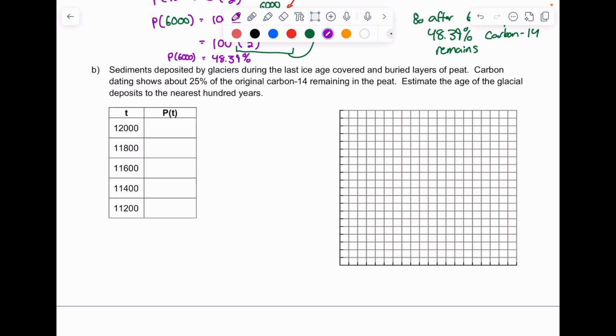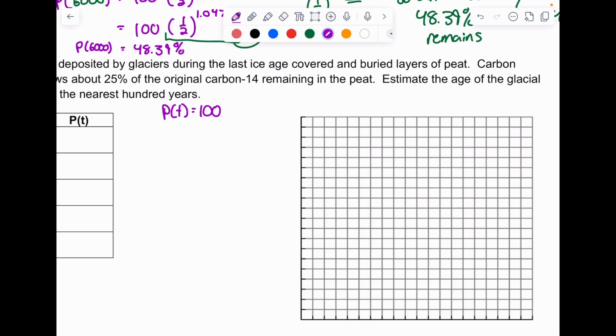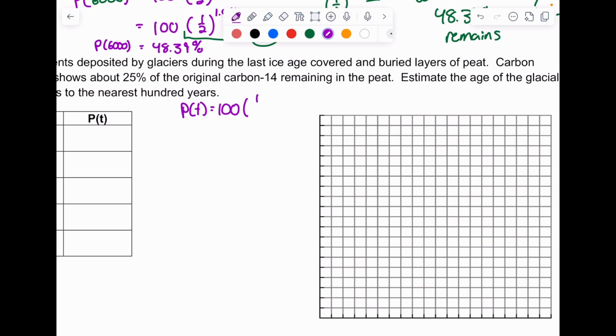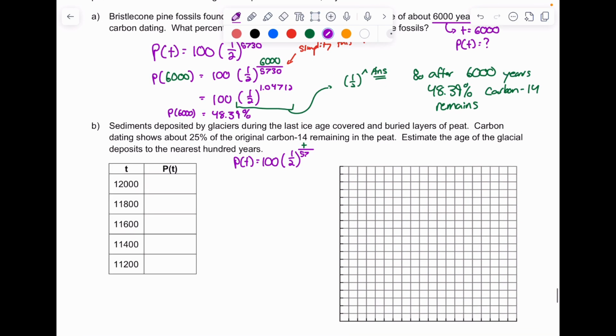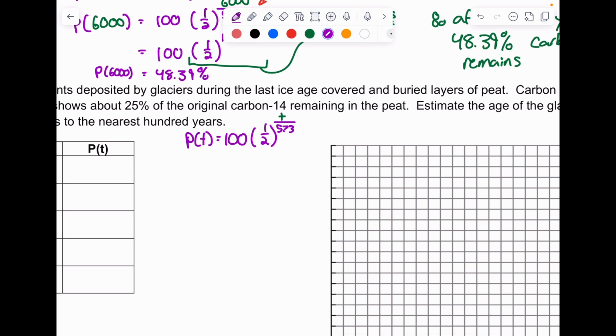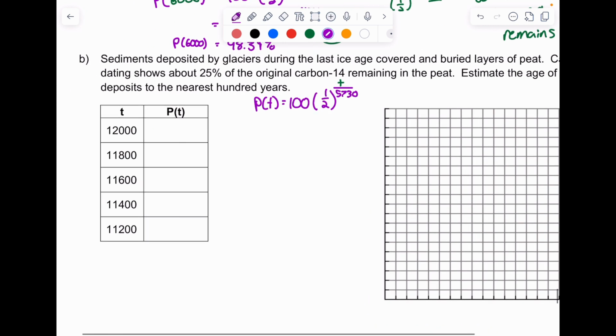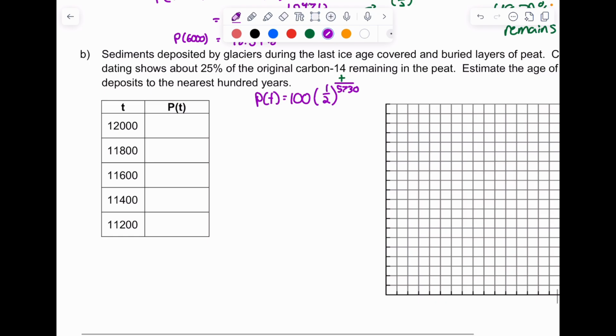So we're still going to be using P of T, which is 100 multiplied by half to the power of T over 5730. Okay. So what we are doing is we're trying to estimate, okay, how old this is.